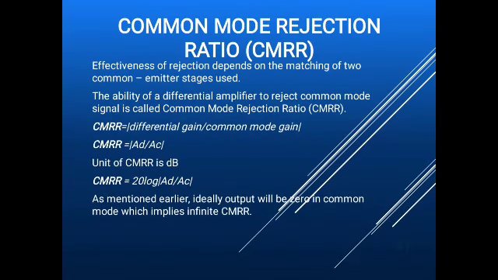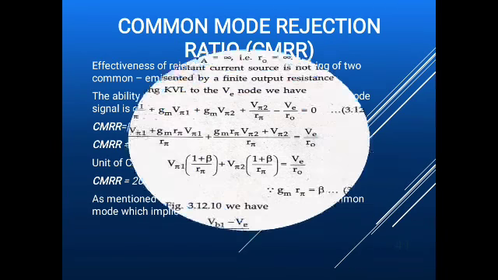The CMRR is the ratio of differential gain to the common mode gain, CMRR equal to modulus of AD by AC. The unit of CMRR is decibels. So CMRR can be given as 20 log AD by AC.